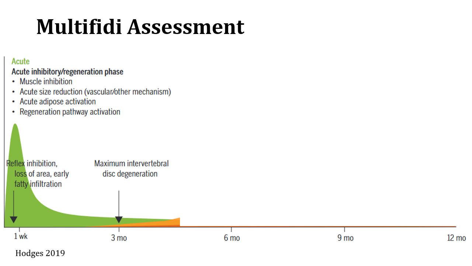There can be some adipose activation, acutely at least, and then the regenerative pathway is activated as a means of trying to heal the process. And then around the 3-month mark, if this was otherwise to persist, there's maximal intervertebral disc degeneration that can occur due to the lack of stability segmentally.